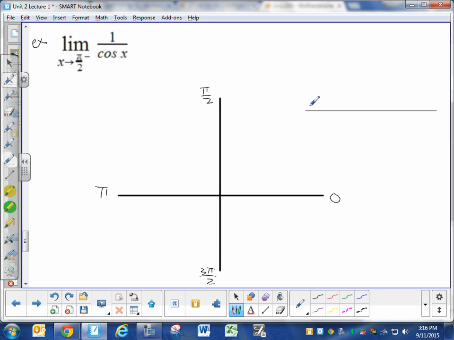And on your number line, you're going to start at 0. You're going to put in pi over 2, pi, 3 pi over 2, and 2 pi. Because those are numbers too.